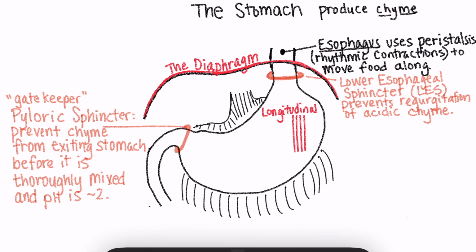And then there is a layer that runs around the stomach like this. And we call this the circular layer. And then there is even a third layer that runs at an angle like this.